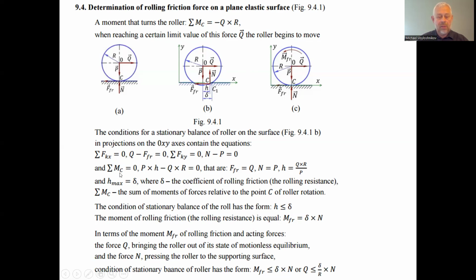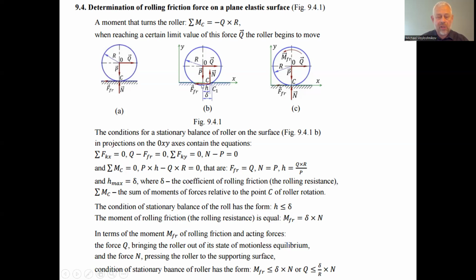And the moments of the rotation, for example, around the point C, the point of the support, could be another point, but we can take C, have to be that around the point C, P, the weight of this definite roller, by h, h is the arm rising due to the deformation of the support.